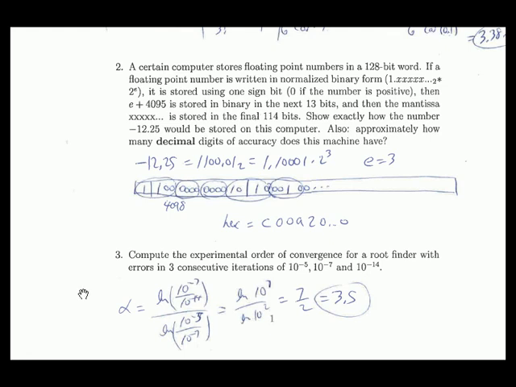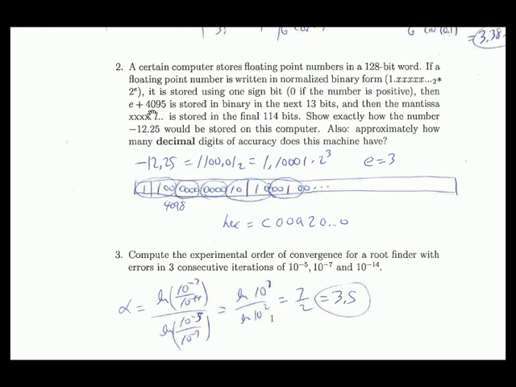A typical test problem over section 2.1 is shown here. We've got a fictional computer that has 128-bit words, twice as long as IEEE double precision. And on this fictional computer, you put the number in normalized binary notation. First bit is a sign bit, same as reality.